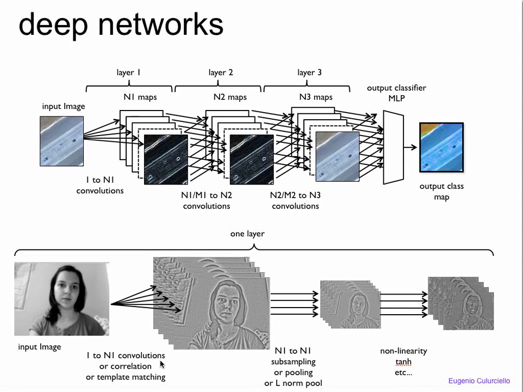Looking back at one layer, we saw that each layer receives n inputs. It does some convolution or correlation with some filters, which does a combination of these inputs and combines them into another set of outputs or maps.